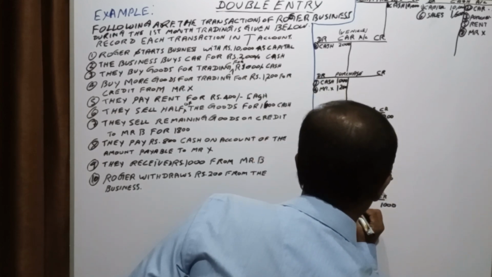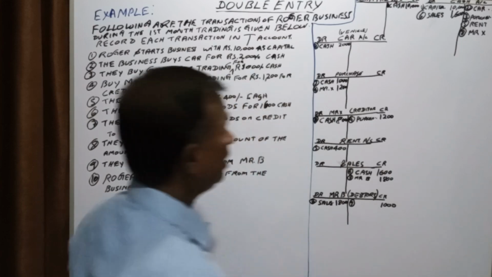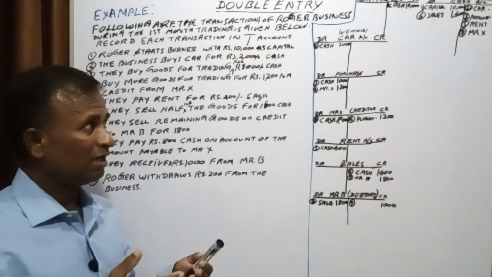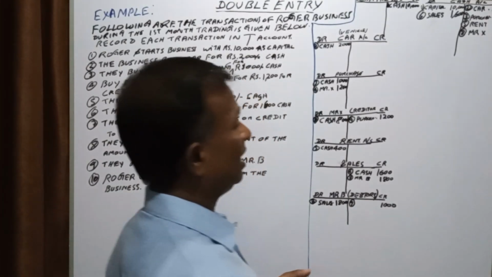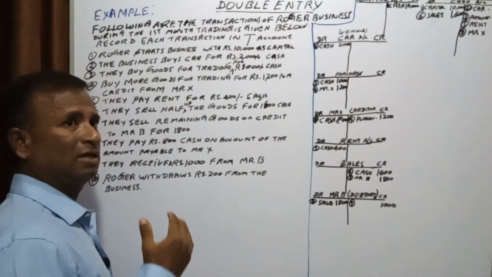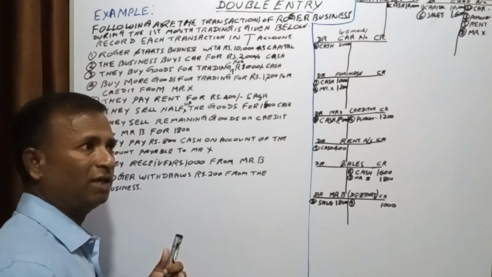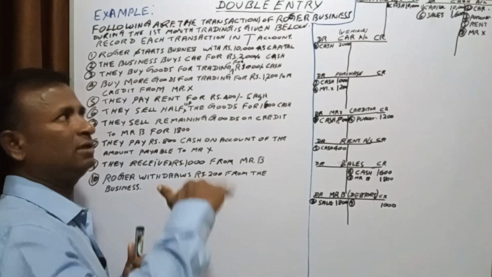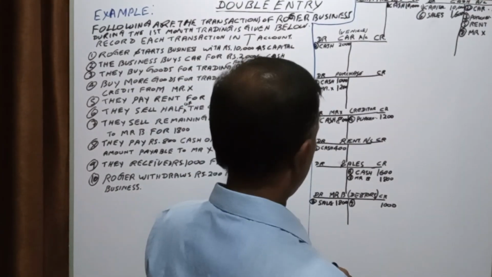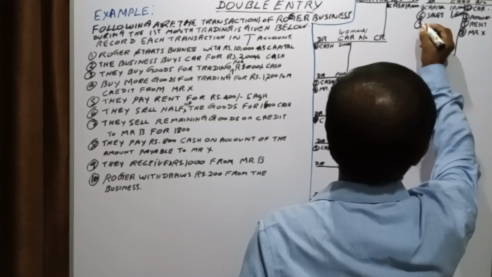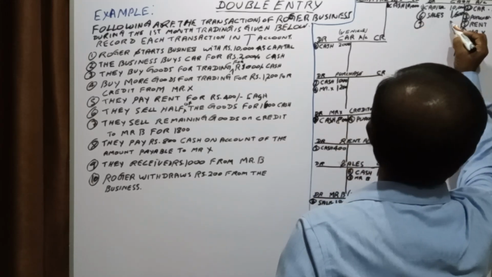Okay, and what is the next account? Because we are receiving the cash from him, the cash account, the asset cash is increasing. When cash is increasing, asset is increasing. So number 9, we say 1000 debit.